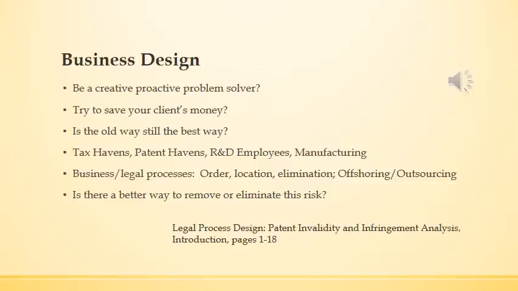But once you've gotten down to that question and you're designing a process, you have to begin to start thinking about the order of your process, and what order do you perform things in? For example, if you're a lawyer working for a non-practicing entity, do you do an invalidity analysis right away on a patent?